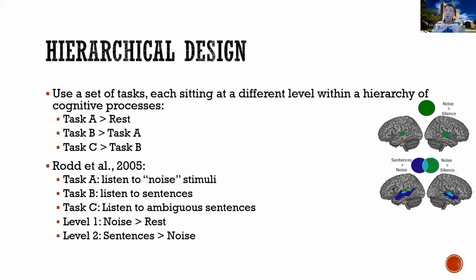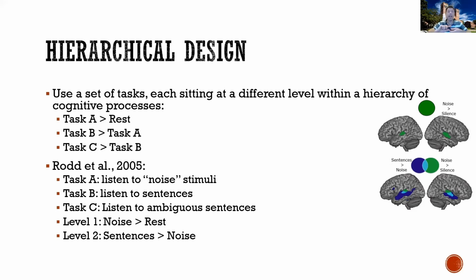Notice that all we're looking at is what is special about this additional step compared to the step before. And so you might look into the brain and you'll find that all these blue areas are active when you listen to sentences above and beyond what you need for noise.